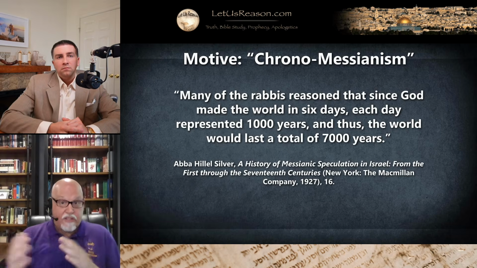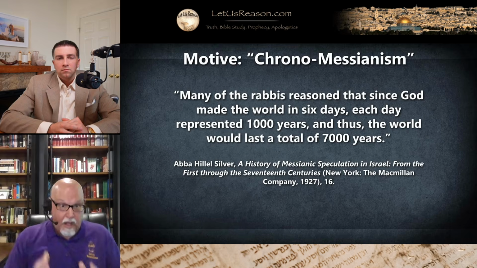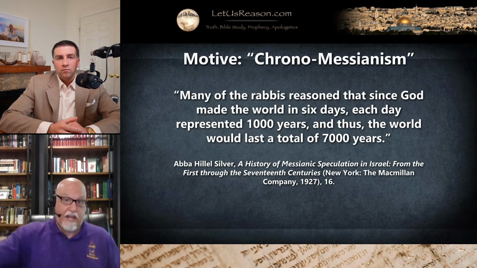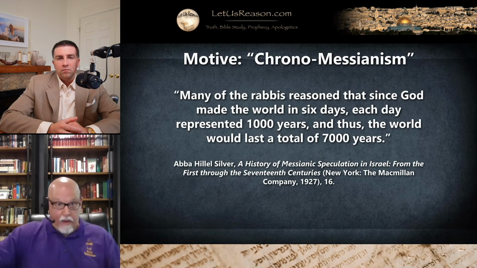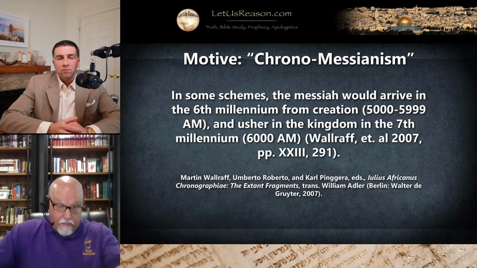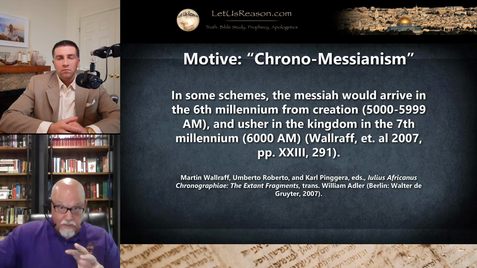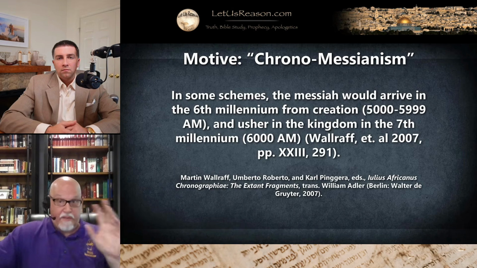Okay, so they reasoned, well, the world consists of these 1,000-year blocks of history based on the creation count. The world was created in 6 days, and so the seventh day would be the 6,000th year would be the inauguration of the Messiah, right? The time of rest. But let me say, some schemes said that the Messiah would arrive in the 6th millennium and usher in the kingdom in the 7th.